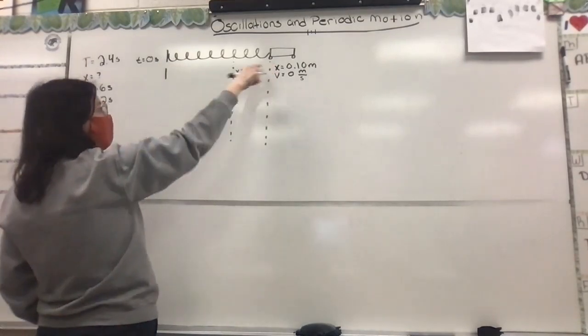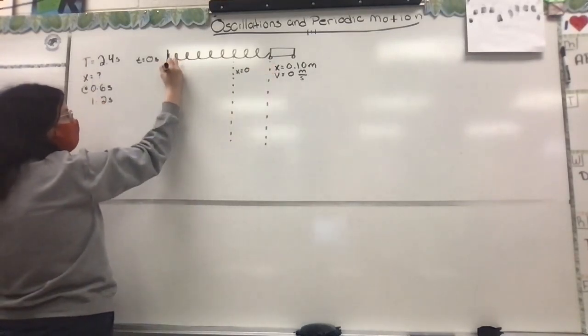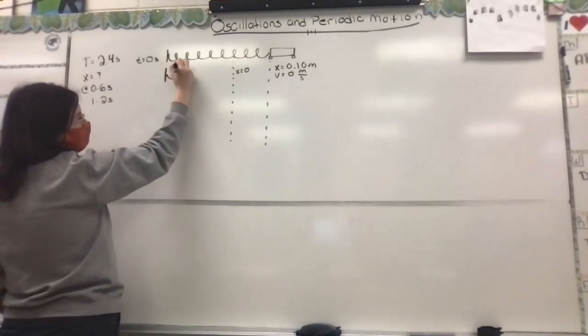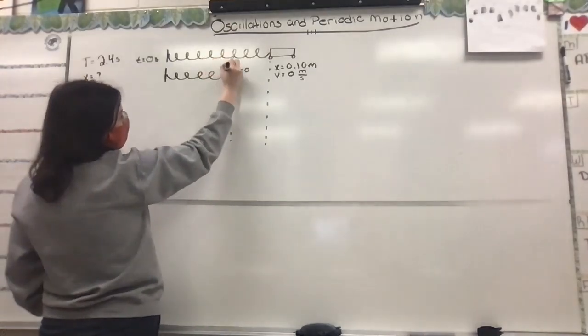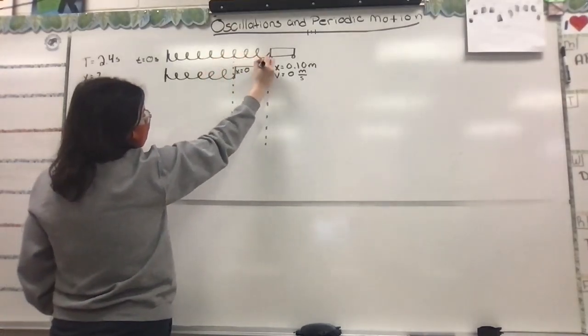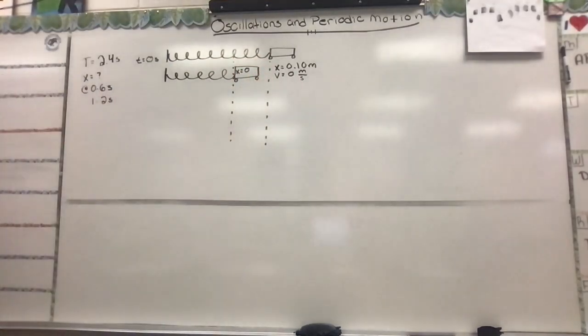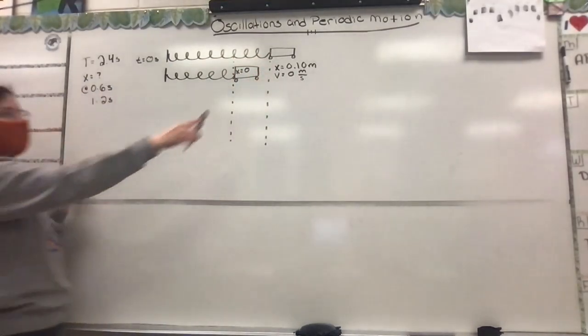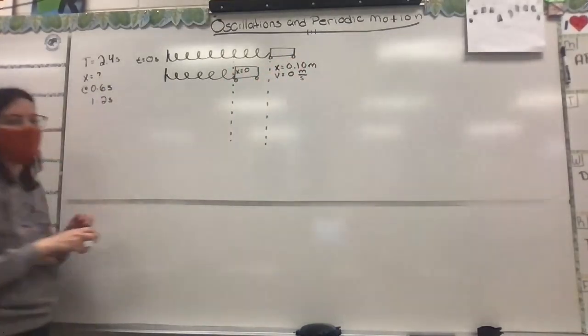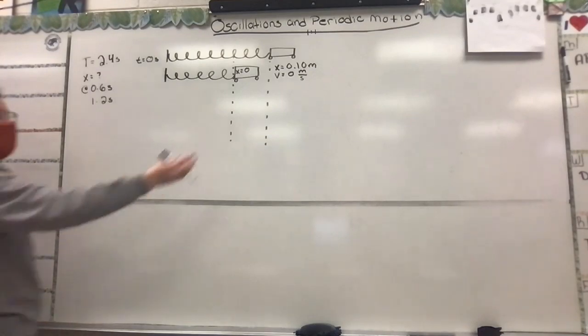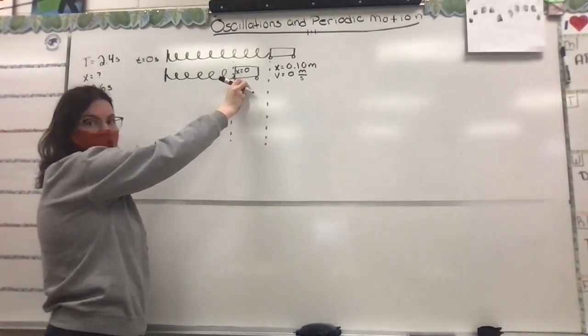When we release the cart, where is it going to be after its first quarter of a period passes? It's going to be at equilibrium, right? We said that to go from wherever we start to equilibrium takes a quarter of the period. So after a quarter of the period has passed, you told me it will be at equilibrium.